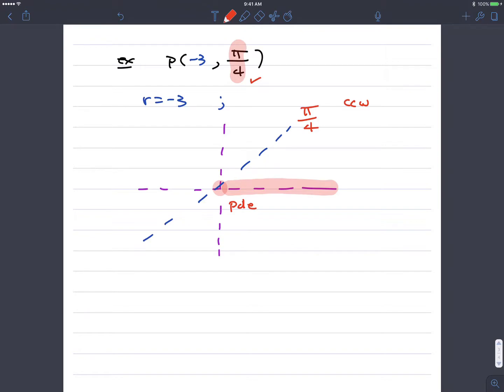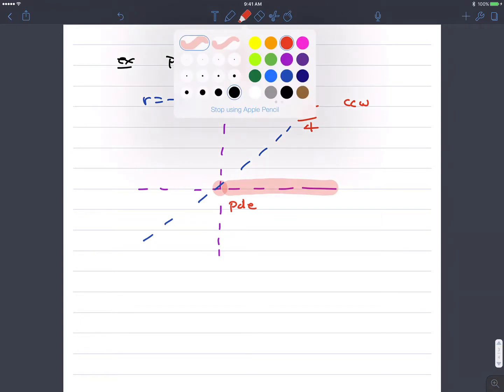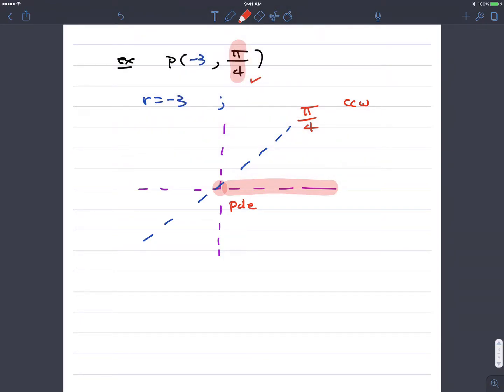Now here's what I'm going to say to you guys. Just consider your radius to be positive. I'm going to rotate that polar axis positive pi over 4. And then you already know that every distance here, 1, 2, 3, is positive. Is that true? And then you're going to ask, how do you define a negative radius?